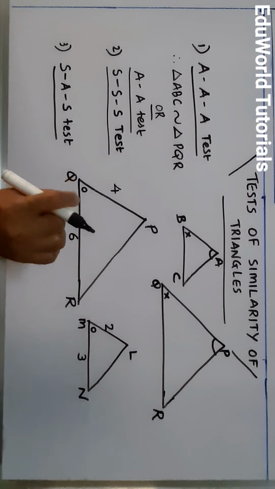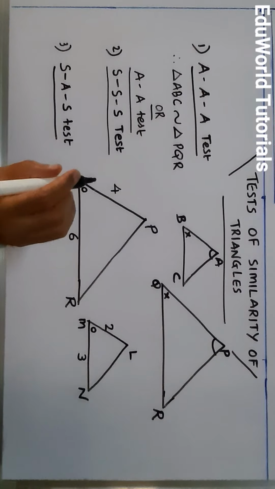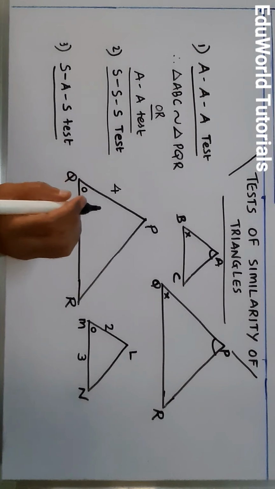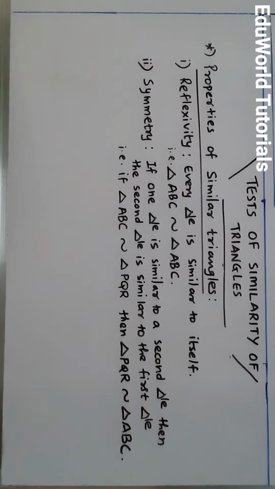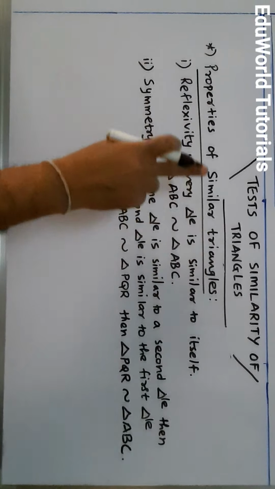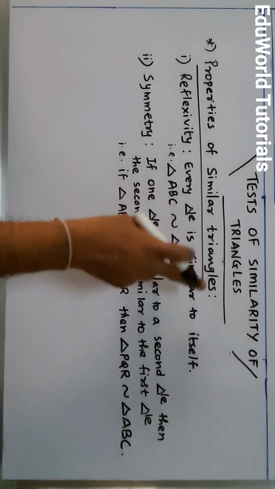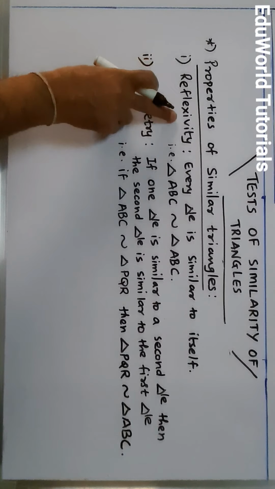Now one more point is left before we start practice set 1.3, and that is the properties of similarity of triangles. So students, you see, properties of similar triangles. The first property, reflexivity.